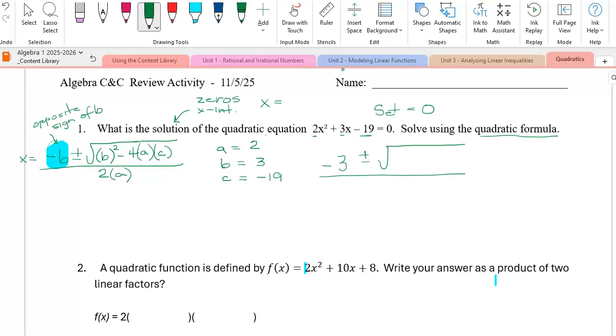Then it says B squared. In parentheses, B is 3 squared, minus 4 times A, which is 2, times C, which is negative 19. All of this over 2 times A, which is 2 times 2.